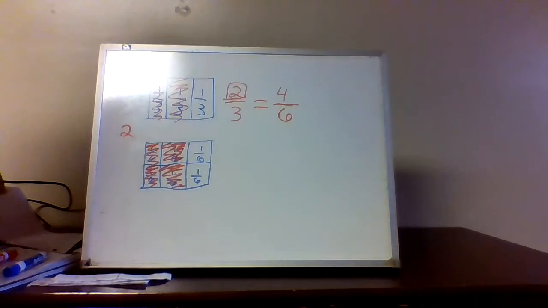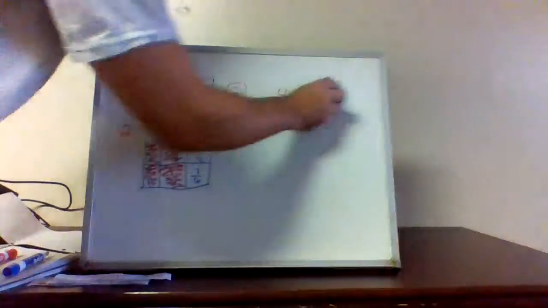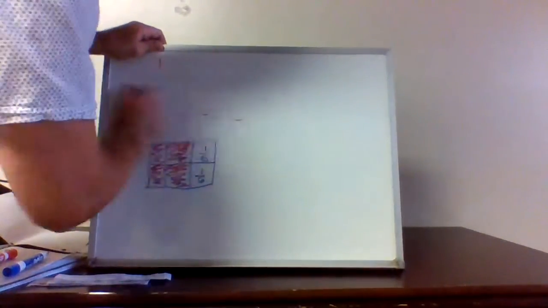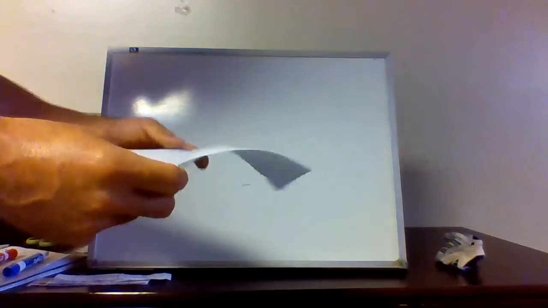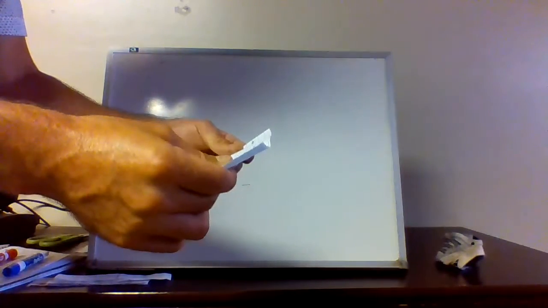Now what I'd like you to do is take a look. I'll erase this. Get a sheet of paper and follow along as I do. So this is just a regular piece of paper. It can be blank. It can have lines on it. And we're going to fold it hamburger style all the way neatly in half.